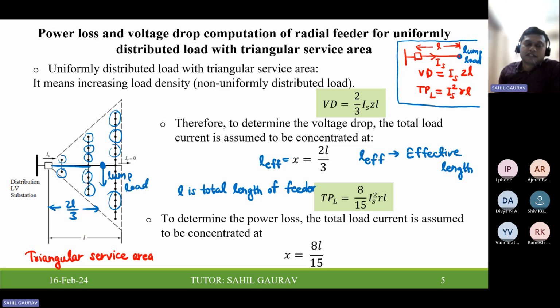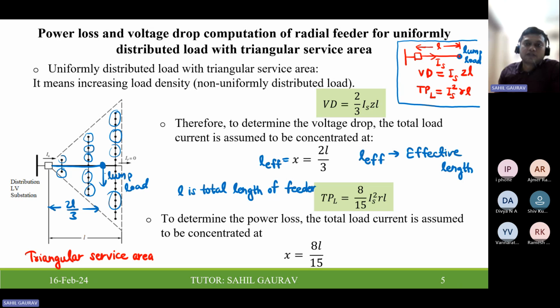So this is radial feeder, and this is lump load, means equivalent load of all the loads connected to this primary feeder with rectangular service area. You got my point or not? Yes. This lump load is having distance 2L/3.